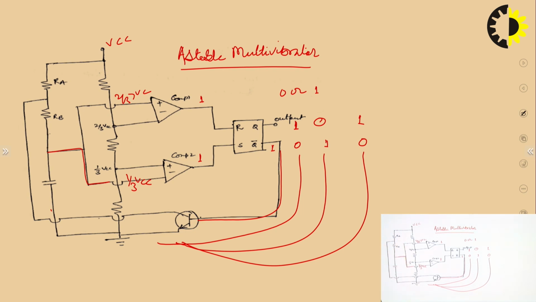So in this way, this capacitor will keep on charging and discharging, and voltage across capacitor will be varied from 1 upon 3 VCC to 2 upon 3 VCC, and output will keep on changing from 0 to 1, 1 to 0, 0 to 1, and 1 to 0. In this way, this circuit has the capability to generate a square waveform.